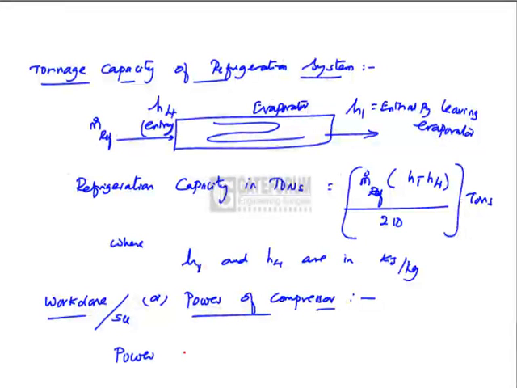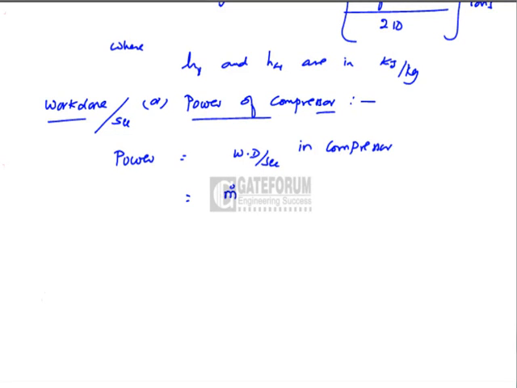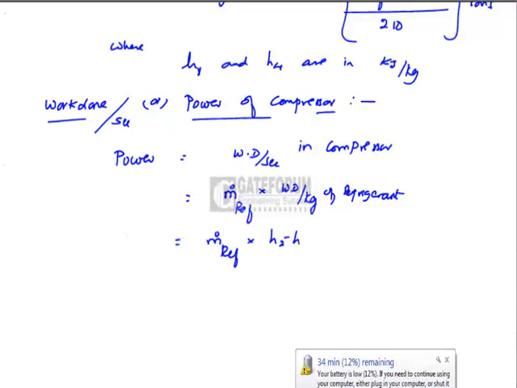Power is equal to work done per second in compressor, that can be written as mass flow rate of the refrigerant times work done per kg of refrigerant, that is mass flow rate of the refrigerant times H2 minus H1, so many kilojoule per second.